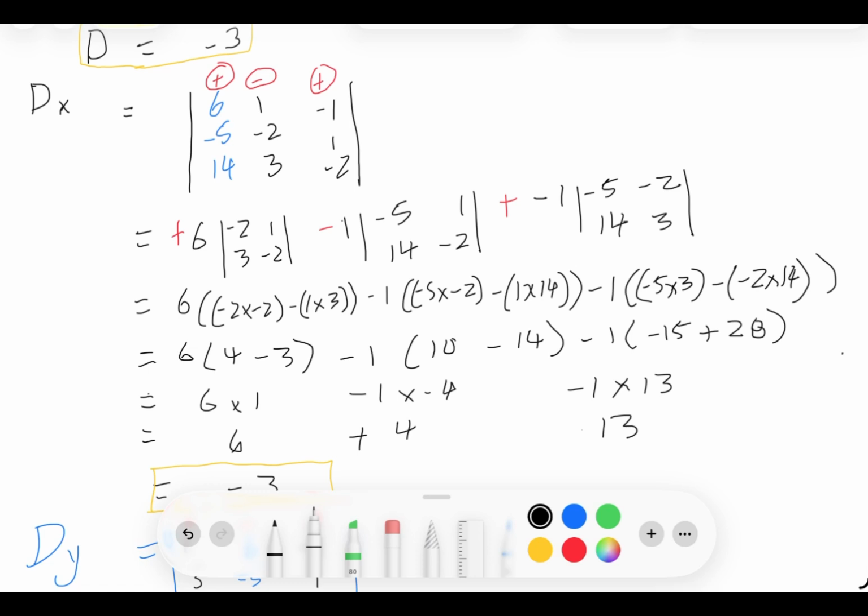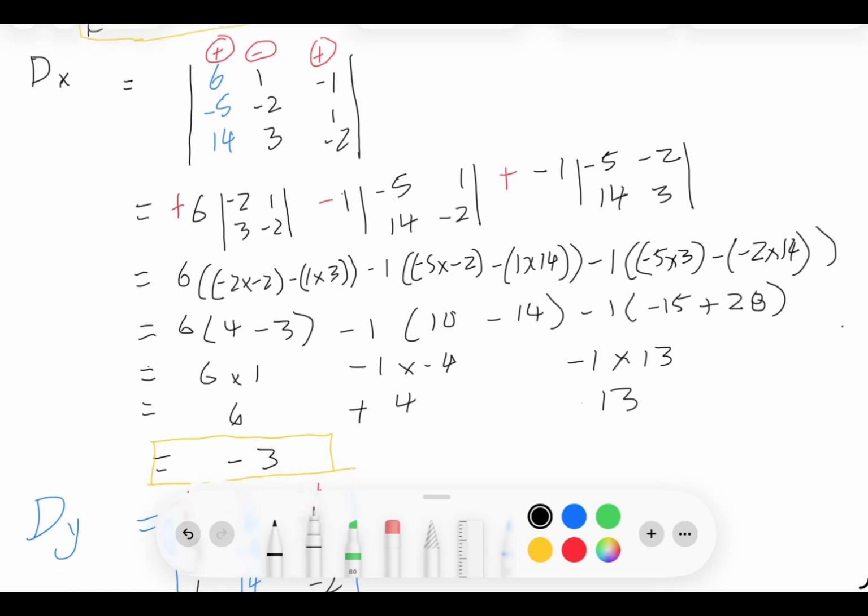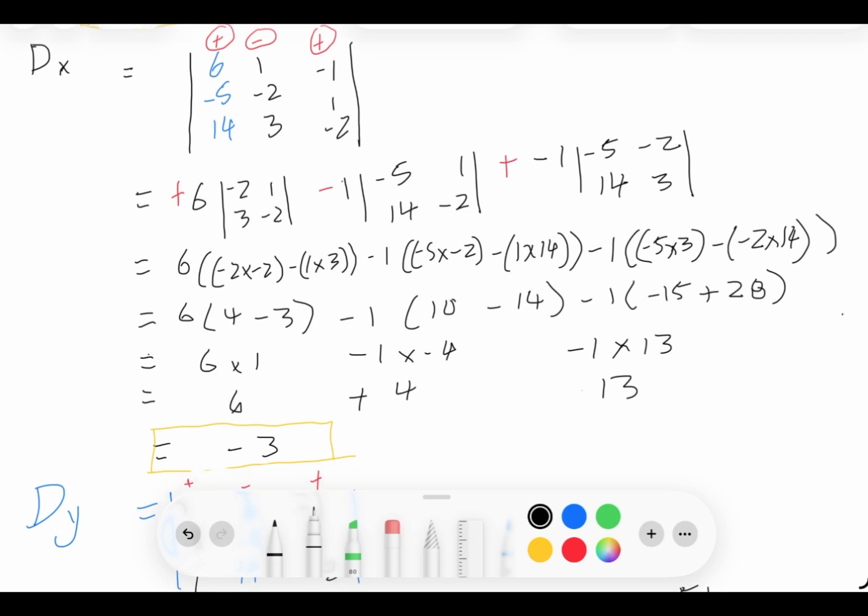That's going to be equal to 6 plus 4 minus 13. That gives you dx, so that's dx equals negative 3. dx equals negative 3.